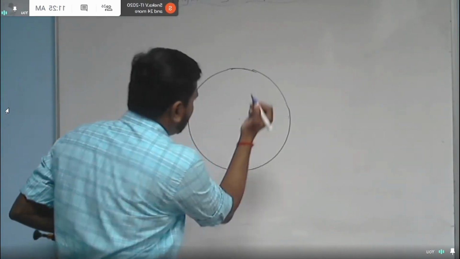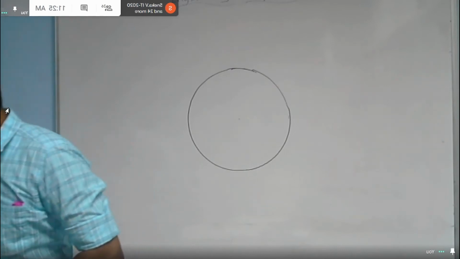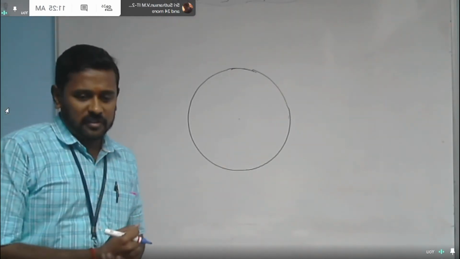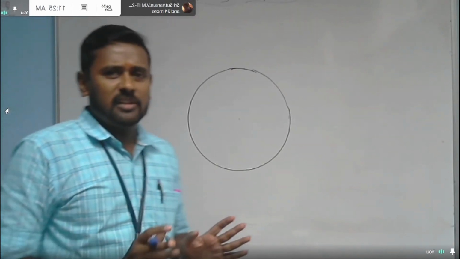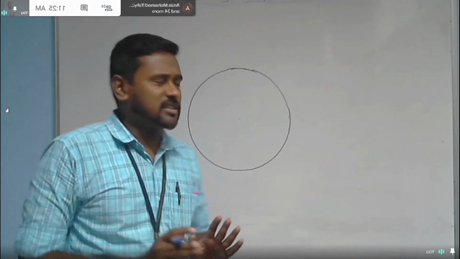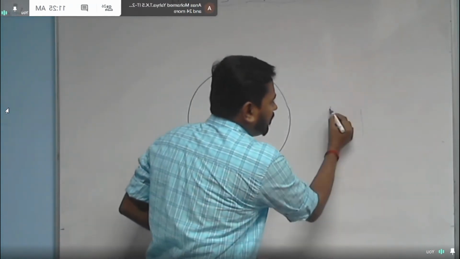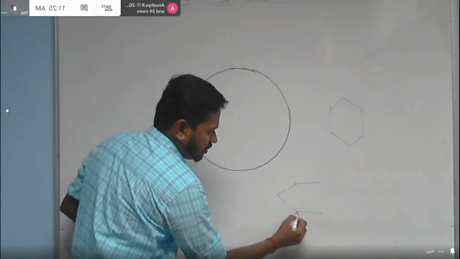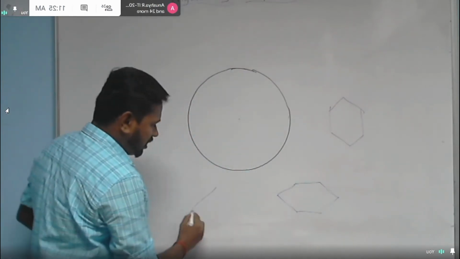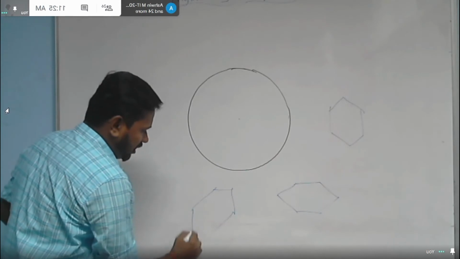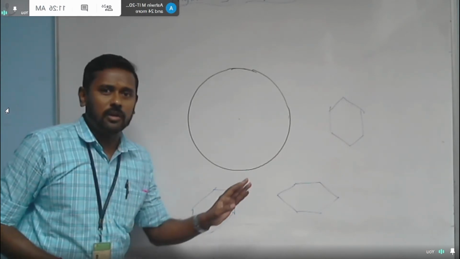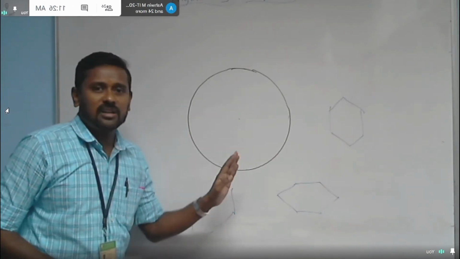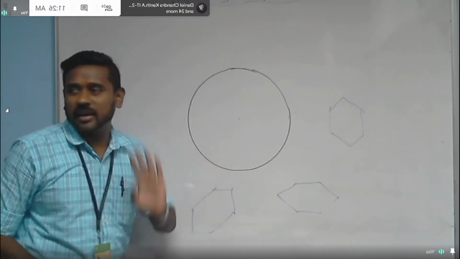This is the midpoint. After that, decide in which alignment you need the hexagon, whether vertical, horizontal or any inclined alignment. Based on that, you are going to draw the axis.